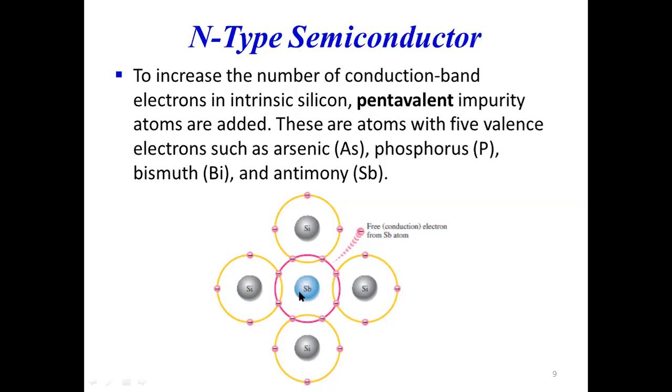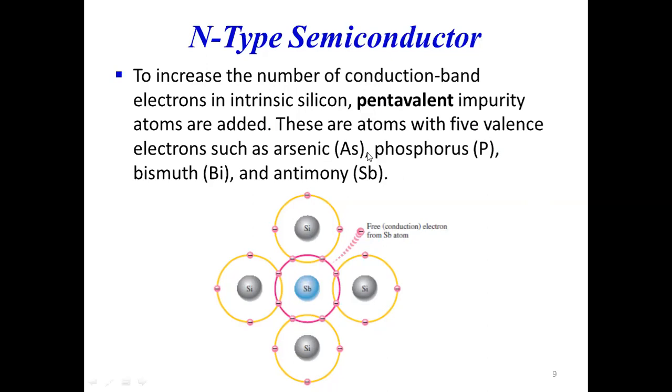Antimony is a pentavalent impurity. The meaning of pentavalent impurity is that there are 5 valence electrons present in the outermost orbit of the atom. What are the other examples? Arsenic, phosphorus, bismuth, and antimony. All these are different examples of N-type or pentavalent impurity.